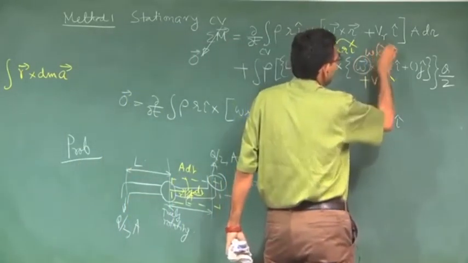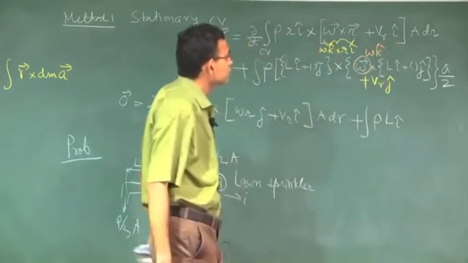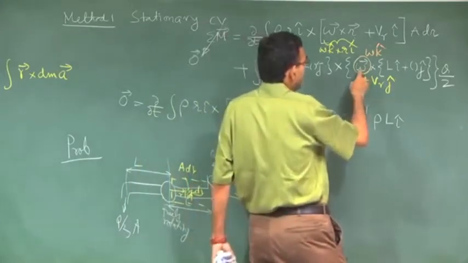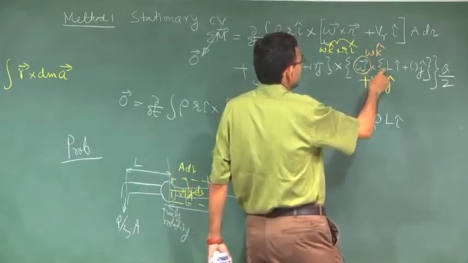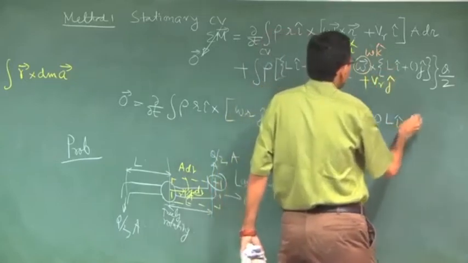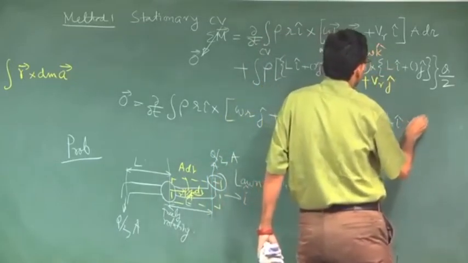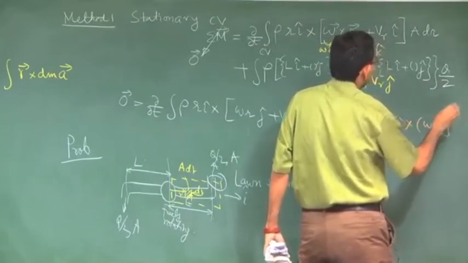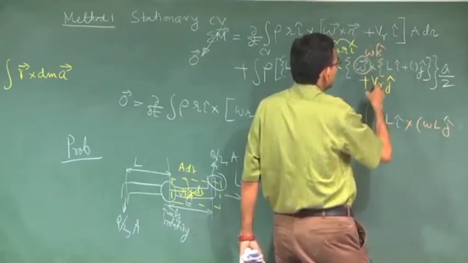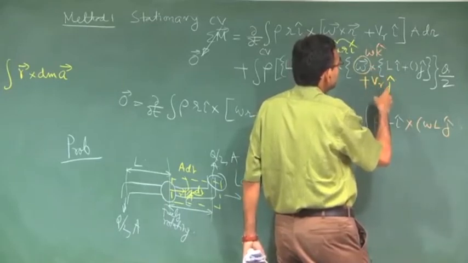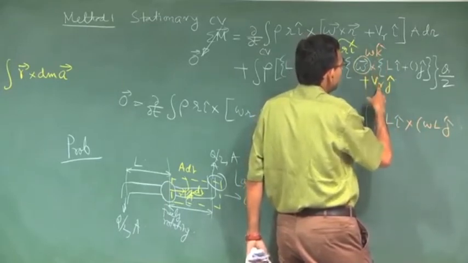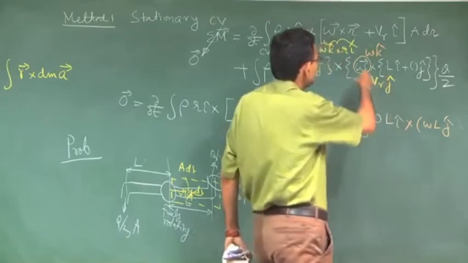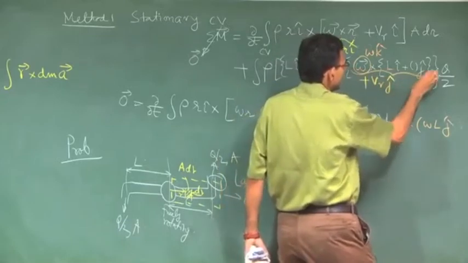So omega k cross Li is omega L j, and omega k into Vr, omega k cross Vr j is, oh sorry, this is this one.